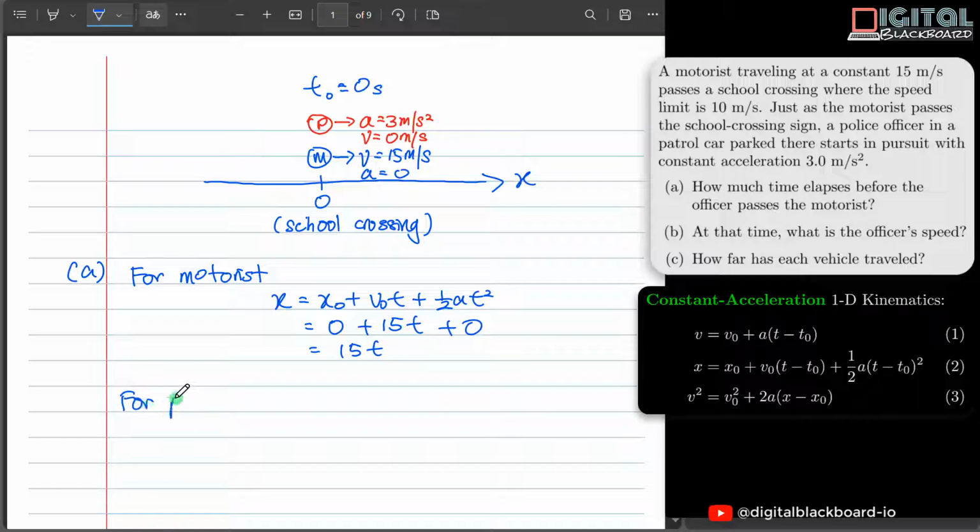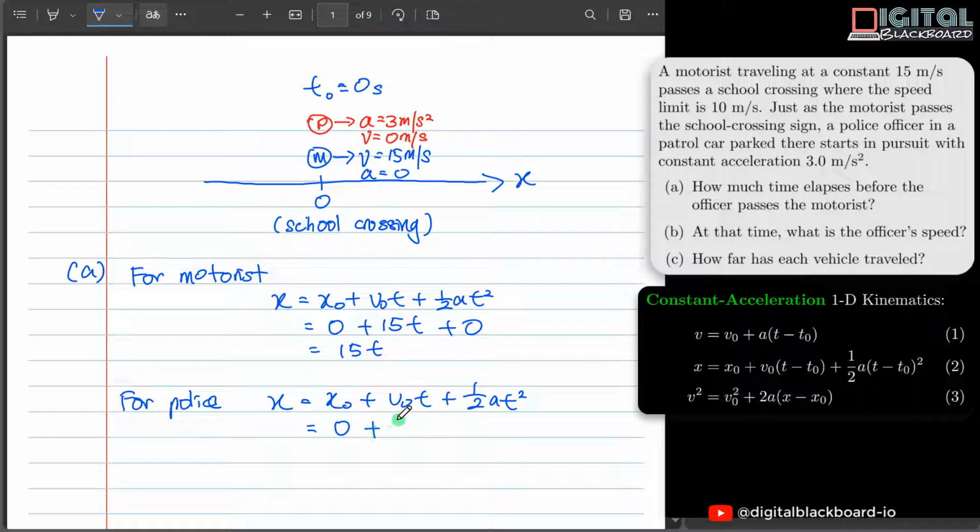On the other hand, for the police officer, using the same formula, x equals x naught plus v naught t plus half a t squared. X naught once again is 0, because at time t equal to 0, the police officer was still at the school crossing.